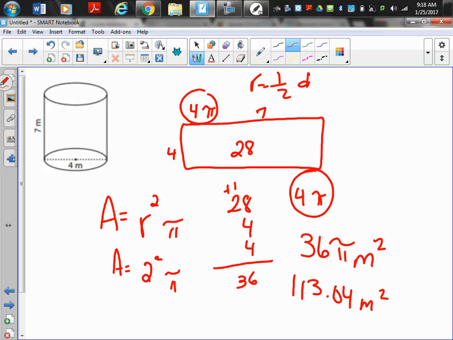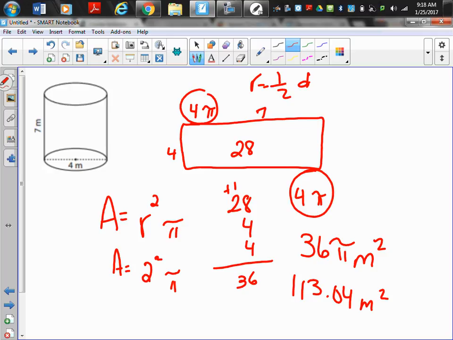Let's see, who wrote that example down? Alright. So again, there's nothing different. You find the area of each piece and add it together. So to be successful in geometry, you absolutely must know the formula for area of a triangle, formula for area of a rectangle, area of a circle.